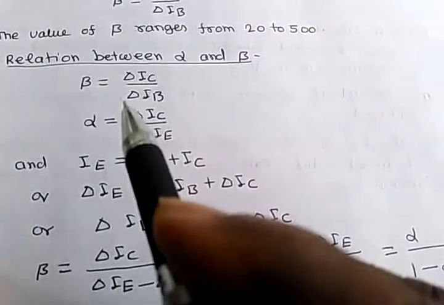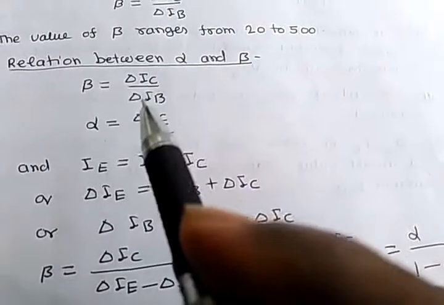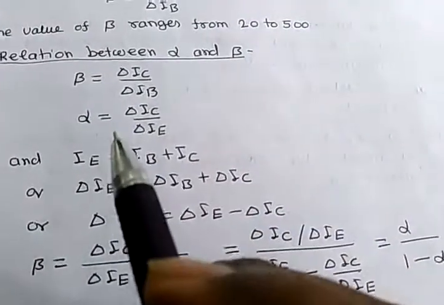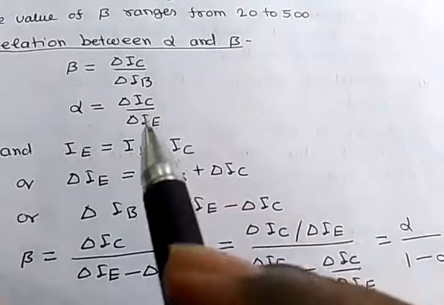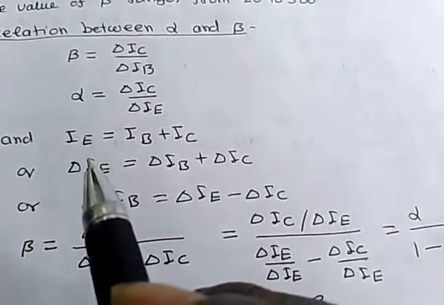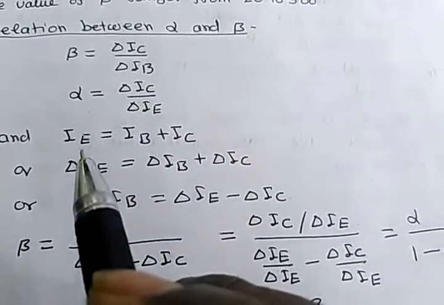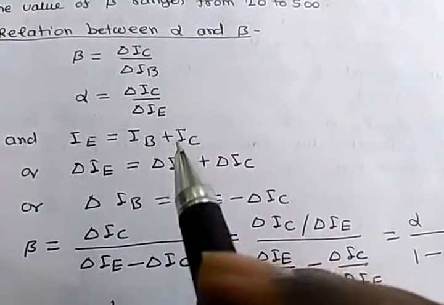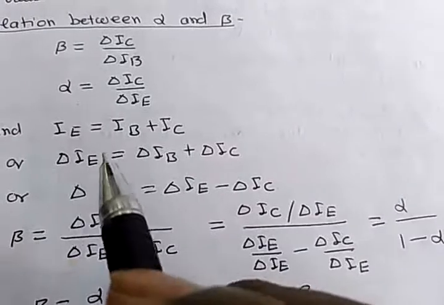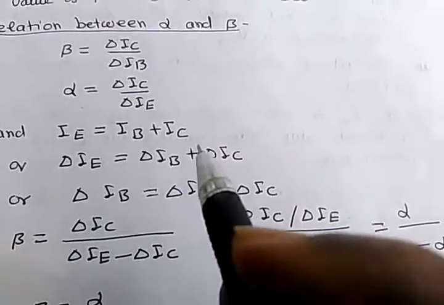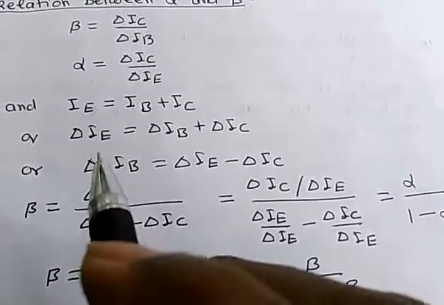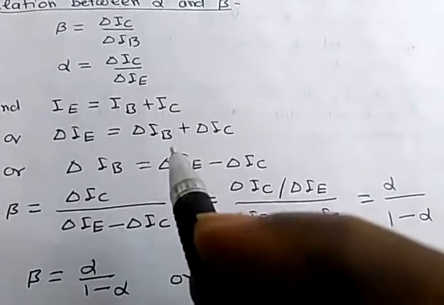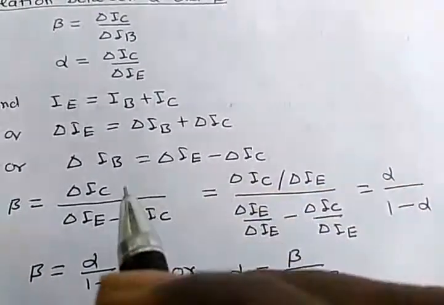Beta is the ratio of delta IC upon delta IB, and alpha is the ratio of delta IC upon delta IE. We already know emitter current IE is the sum of base current and collector current. IE equals IB plus IC. Hence delta IE equals delta IB plus delta IC.